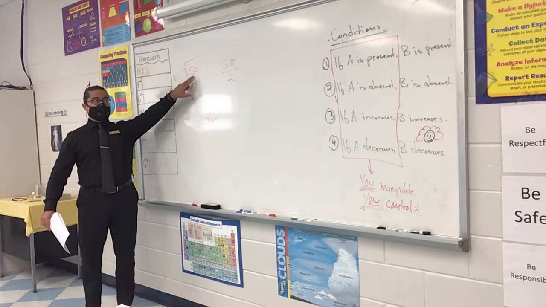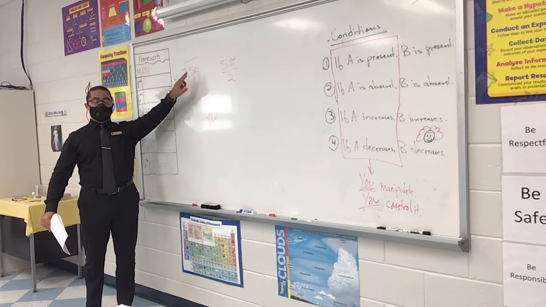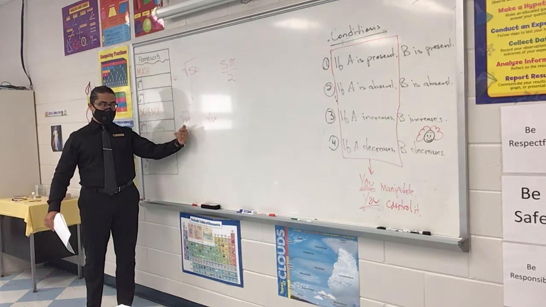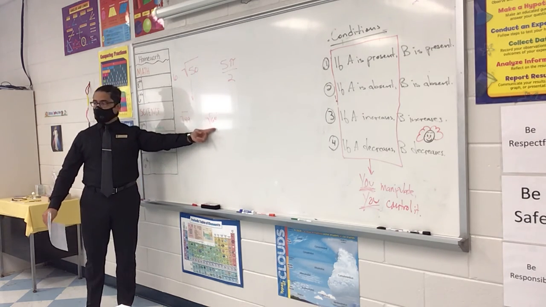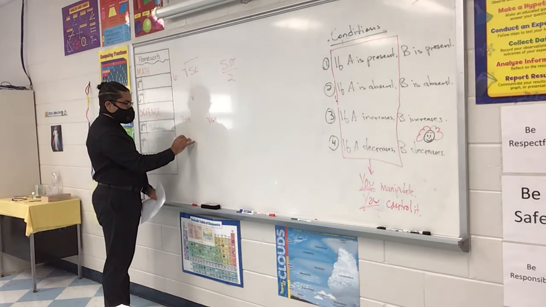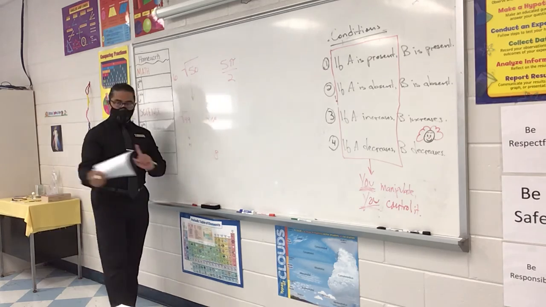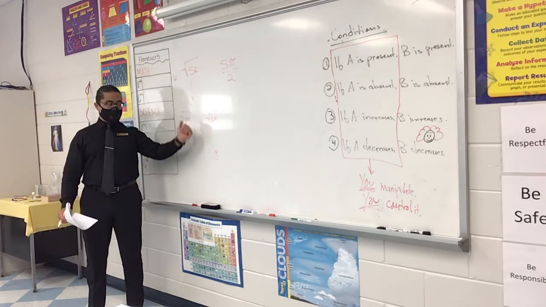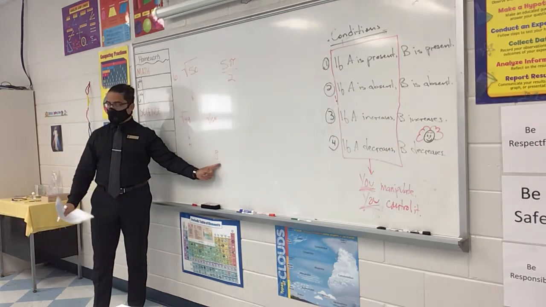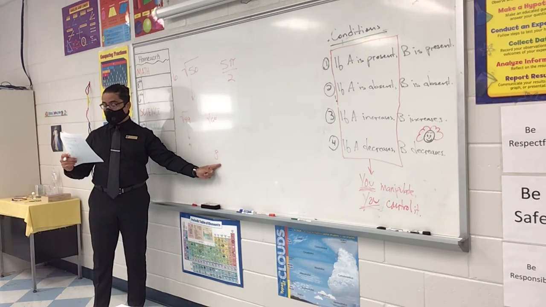So whatever value this has, this value will be somewhere in between the values of this and this. This is 7. This is 8. Hence, the value of this is somewhere between 7 and 8. Yes? Yes.